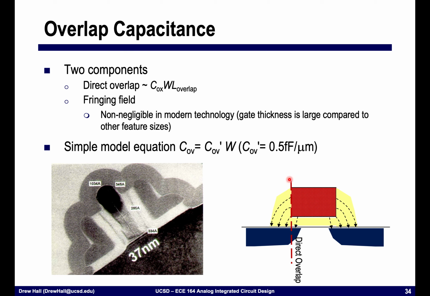And so this fringe field can actually be a very significant portion of the overall capacitance. Our back of the envelope model is simply that the overlap capacitance is equal to COV prime, where COV prime is roughly half a femtofarad per micron, times the width of the device. And the width is the width into the plane in this figure.